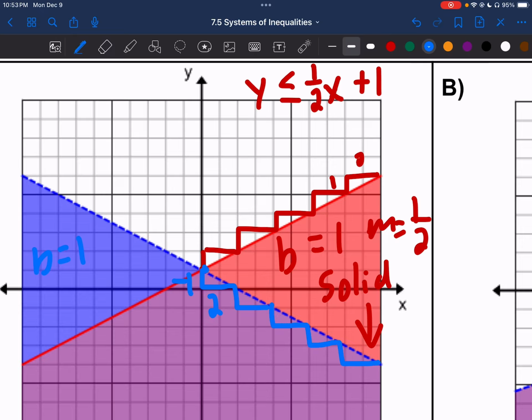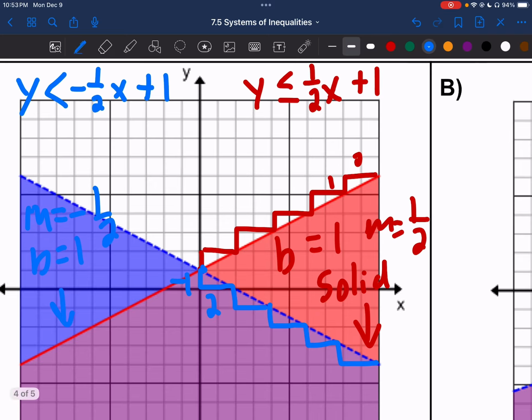So my slope is -1/2. It is a dashed line, and I'm shading below. So it's going to be y is less than, only less than because it's dashed. We have our slope, negative 1/2 x, my y-intercept, plus 1. So those are your two inequalities for that graph.